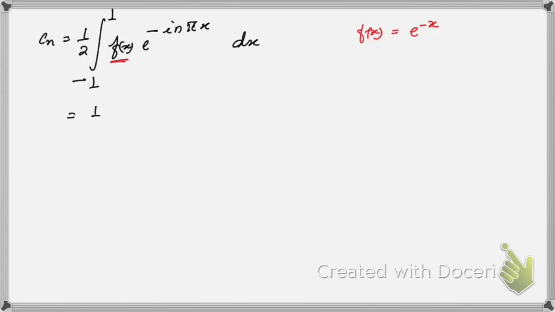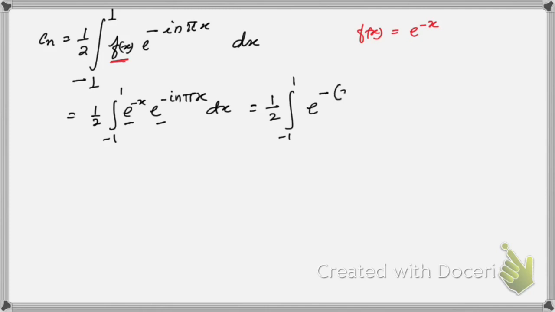So 1 by 2 integration from minus 1 to plus 1 e to the power minus x e to the power minus i n pi x dx. And if you simplify this, then 1 by 2 from minus 1 to plus 1, and if you apply the laws of indices, then you're going to have e to the power minus, taking minus common, you're going to get this.